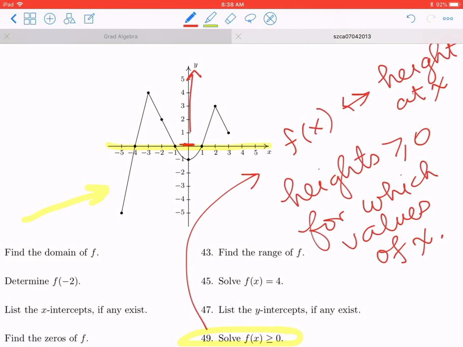And you could see here that that happens exactly -4 to -1 and 1 to 3. And you would include both those endpoints for both intervals. So the solution would be -4 to -1 union 1 to 3.